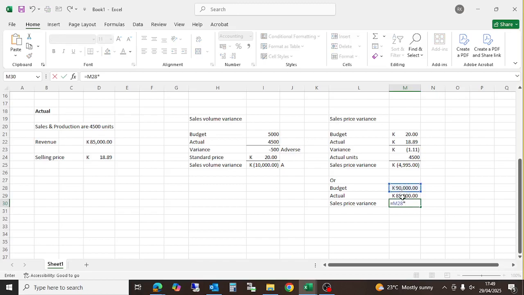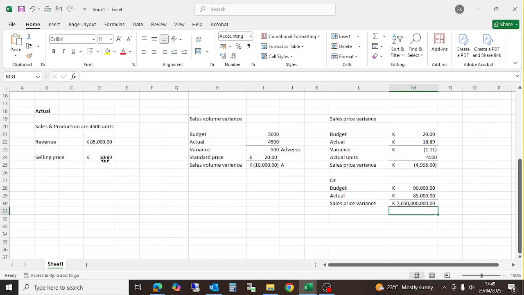So let me see if I round off the selling price, what it's going to give us. It has to be this minus this. Let's say if we change this to 19, I think it's probably the rounding off, but it has to be accurate.